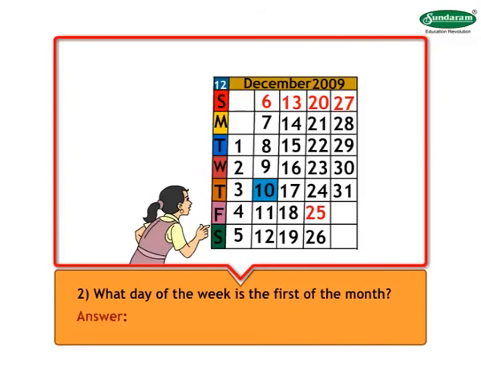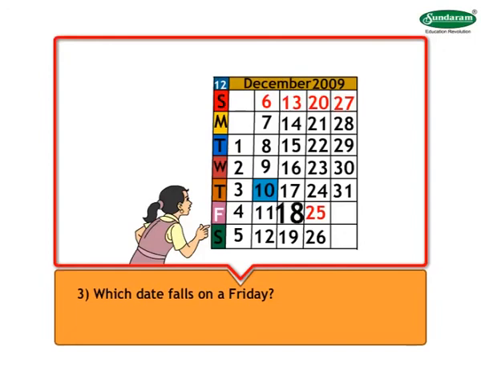So the answer is Tuesday. 3. Which date falls on a Friday? You can see that in line with F for Friday, the dates are 4, 11, 18 and 25. So the answer is 4, 11, 18, 25.